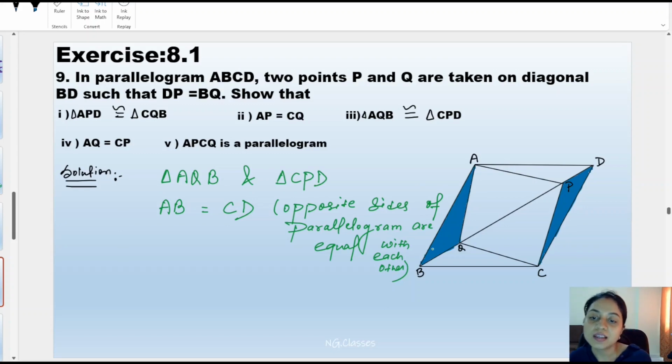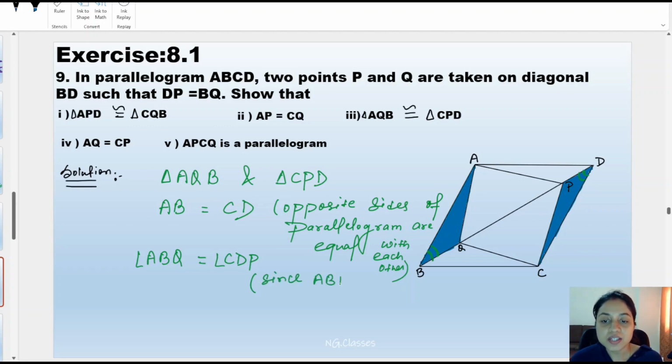Now we can say that angle ABQ, that means this angle, must be equal to angle CDP. Again, AB is parallel to CD and these two are a pair of alternate interior angles. So angle ABQ is equal to angle CDP. Since AB is parallel to CD and we are having a pair of alternate interior angles.